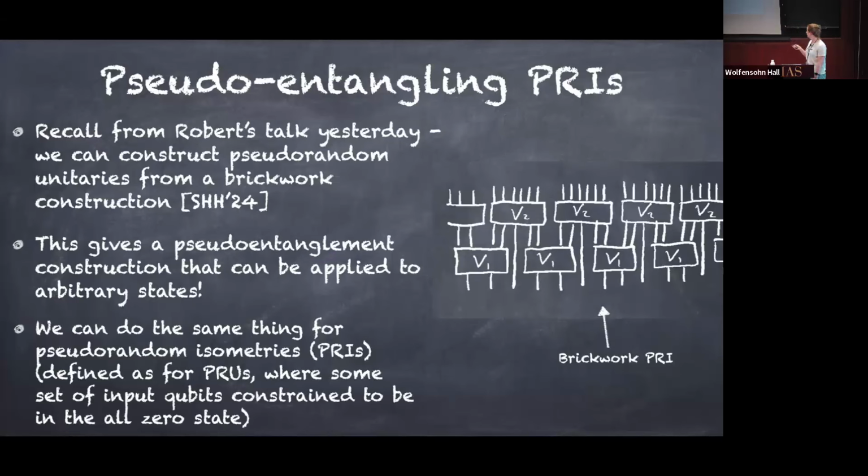It turns out that you can do exactly the same sort of brickwork construction for pseudo-random isometries that you could do for pseudo-random unitaries. So if you have a collection of pseudo-random isometries, you can apply them on a small number of input qubits in this brickwork fashion, and that gives you an overall pseudo-random isometry.